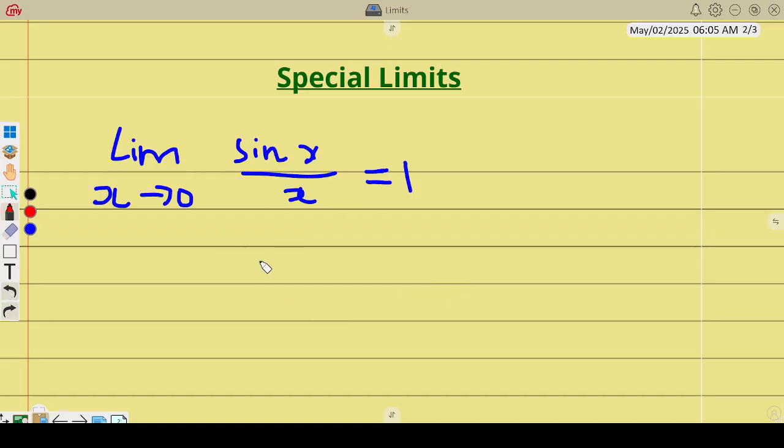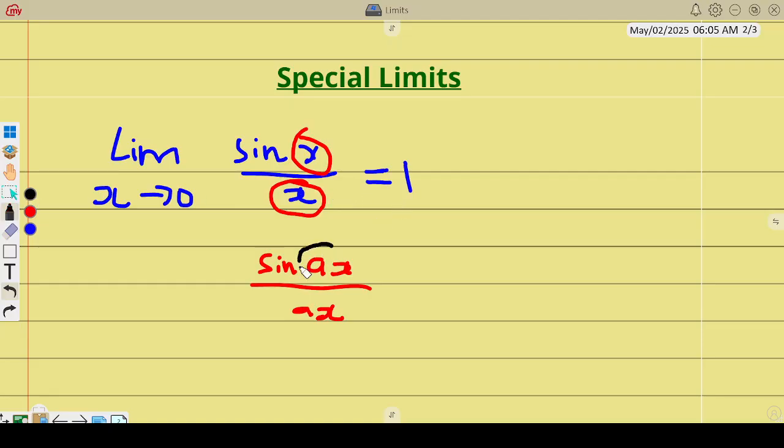This is true even when you have ax over ax. As long as what is here is exactly the same as what is there, then the limit is equal to 1.